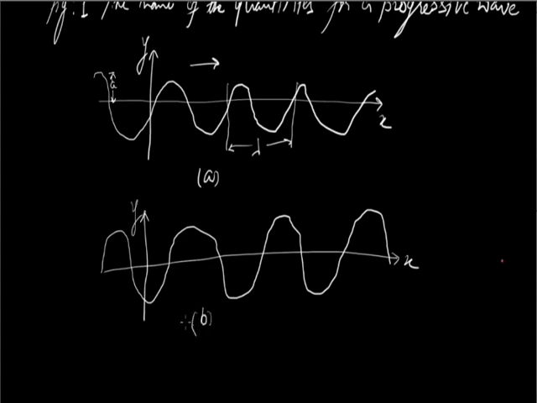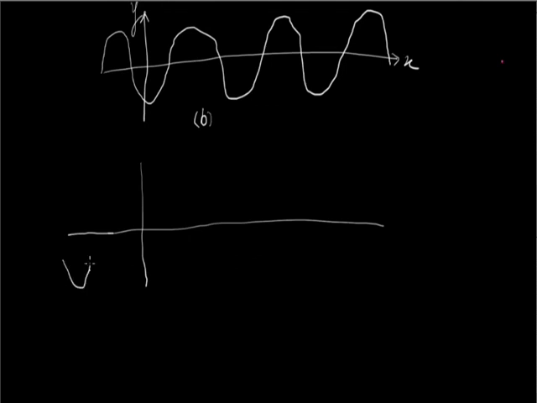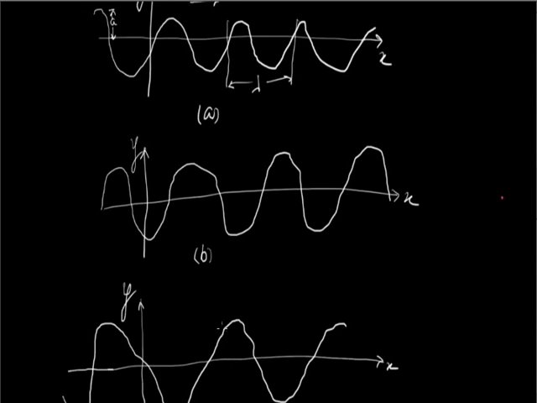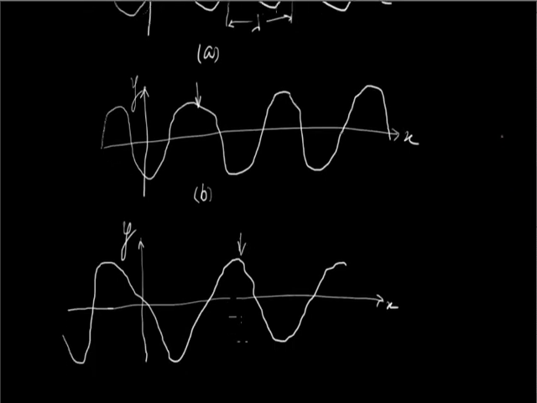This will be figure B. Here in figure C, the direction of wave progression is again along the x-axis, and we can show this like this: in the start, our arrow will be here. Now in figure B, this arrow will be here. Now here, this arrow will be here.